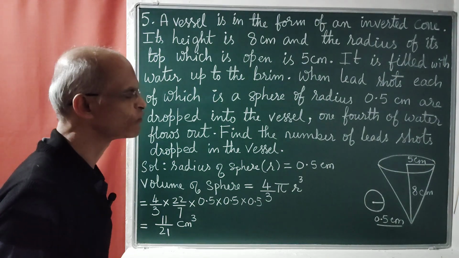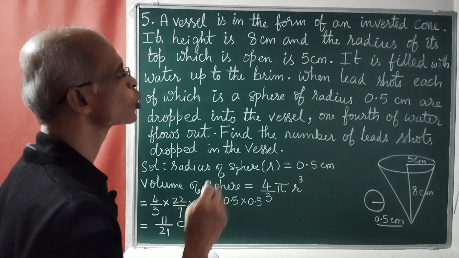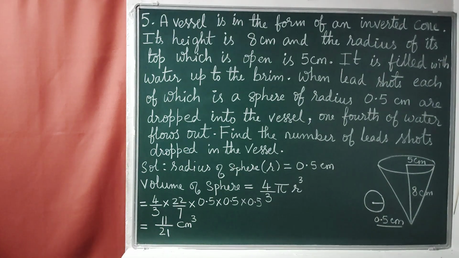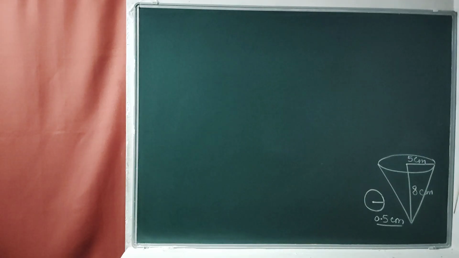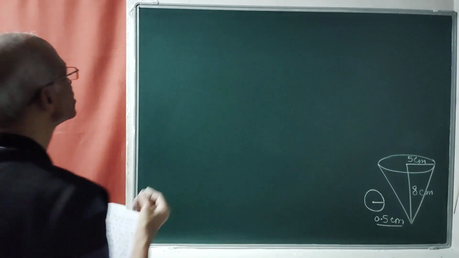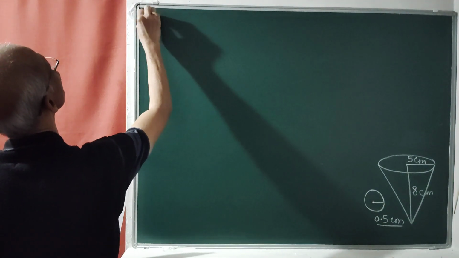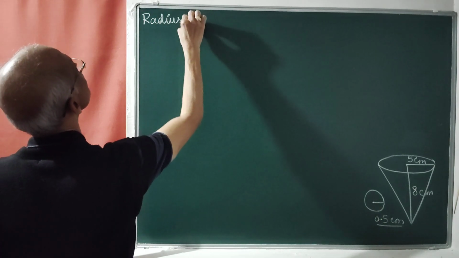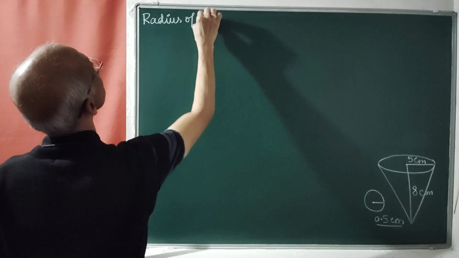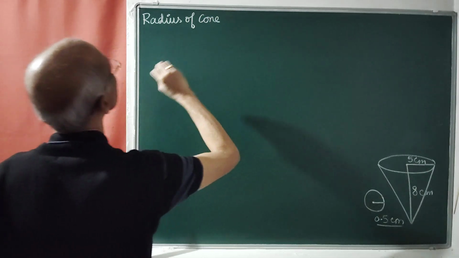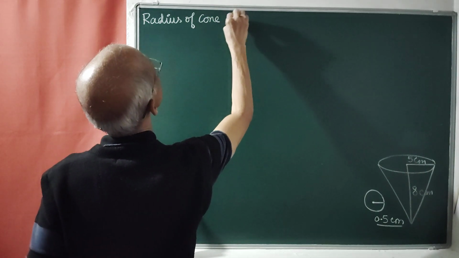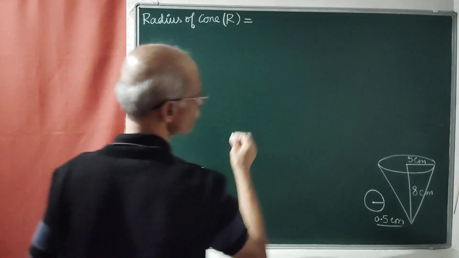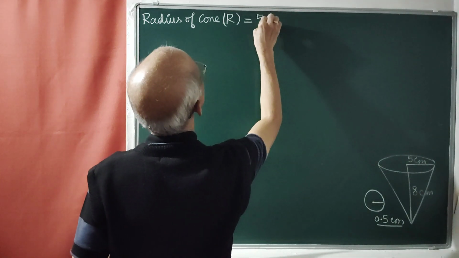Now next we'll find out the volume of the cone. Now radius of cone r equal to 5 centimeters.